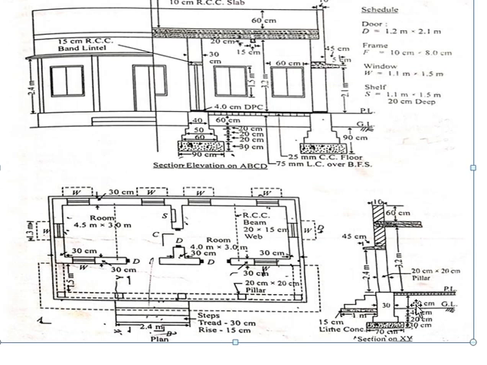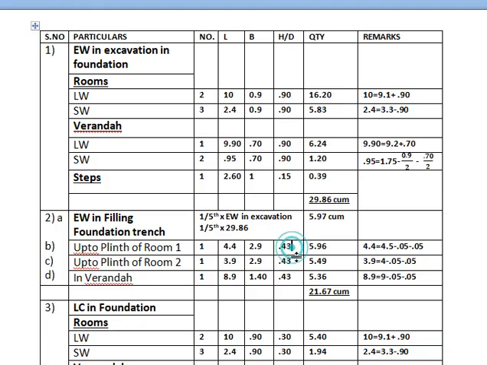But also if you see here, 75 lime concrete is placed over BFS, which is basically the brick soling, generally taken as 10 centimeter. So we have to subtract these two things from 0.60, which turns out to be 0.43. That is why in all three cases we have taken it as 0.43.